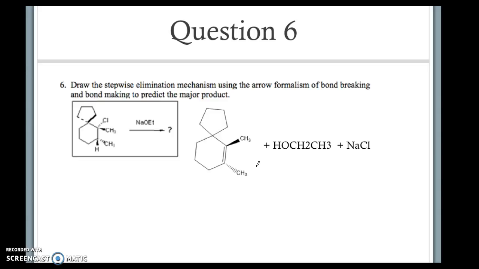What we need to recognize is this is an E2 reaction. Everything is happening all at once. So what will happen is that the base of the sodium methoxide removes a proton from the beta carbon here, forming a methanol. So we need to go ahead and draw that in here.